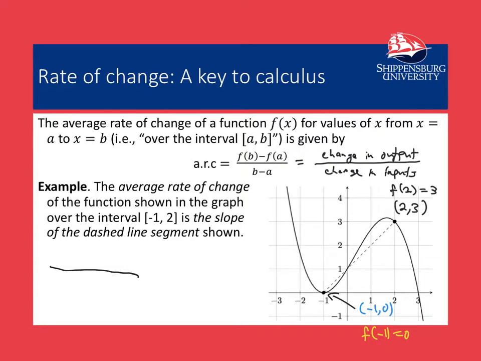The outputs are the y-coordinates, so sometimes you'll see this written like this. It's the difference in the two y-coordinates that I have divided by the difference in the x-coordinates that I have. And it doesn't matter which point is which one. Normally, you will decide that the one on the left is the first point, and the one on the right is the second point, just so you're always subtracting the bigger number minus the smaller number, but it doesn't really matter which one's which.